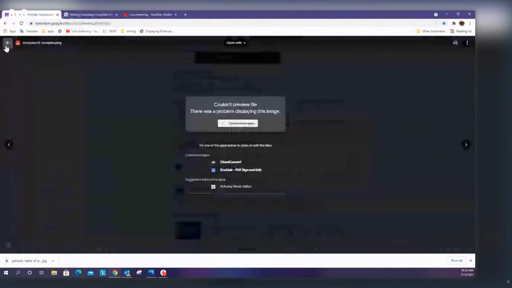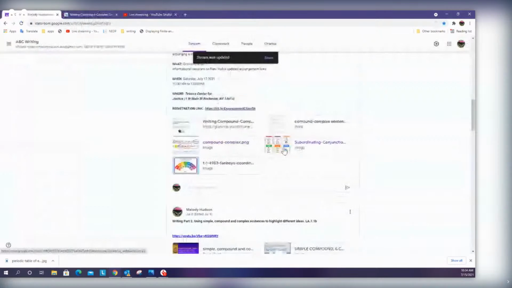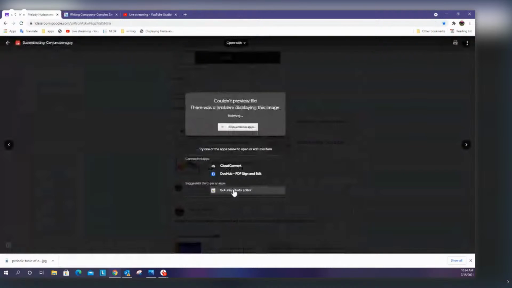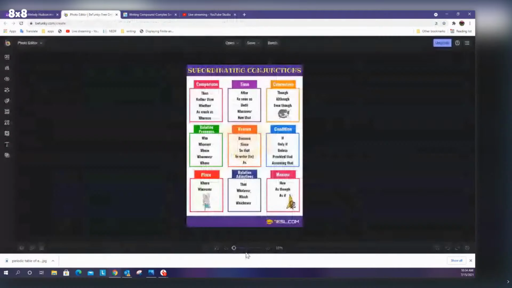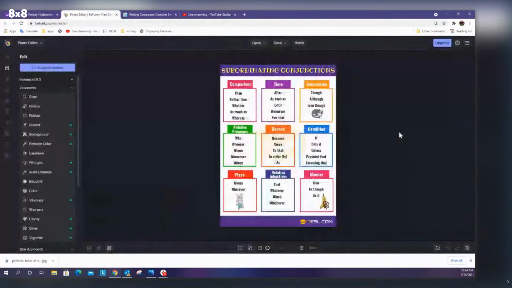So now that I know this is working, let's look at our subordinating conjunctions. I'm going to use a photo editor again because I don't know why it's deciding not to work today. These are our subordinating conjunctions that would generally be at the beginning of a dependent clause.